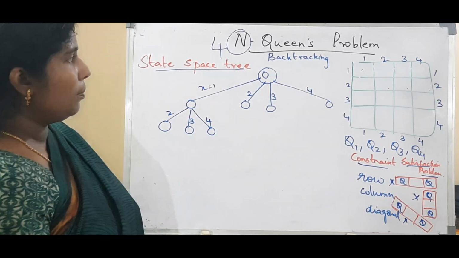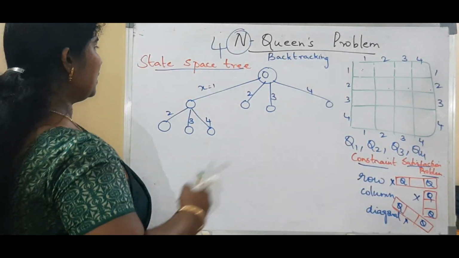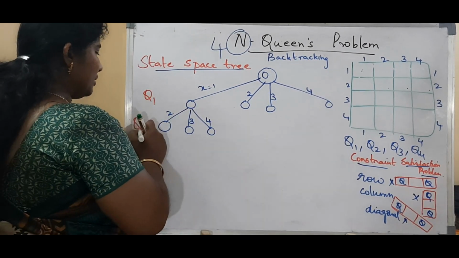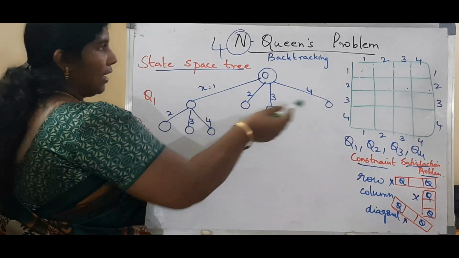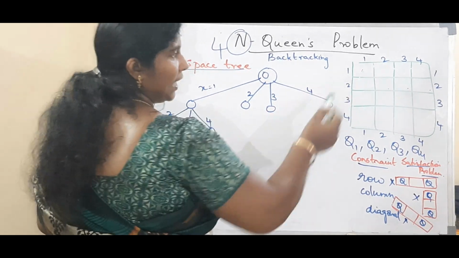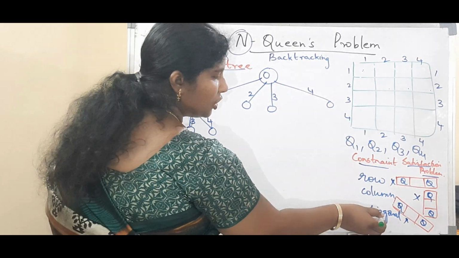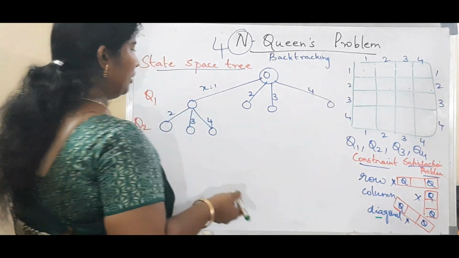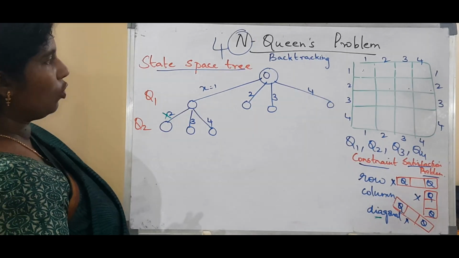There are conditions which are to be satisfied. This level is with respect to Q1 and this level is with respect to Q2. If I place my queen on the second box, what will happen? This condition will not get satisfied because they are going to be diagonal, so I need not consider this particular route.